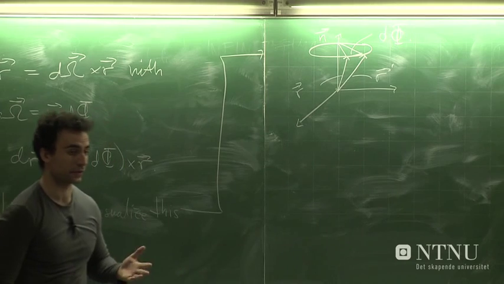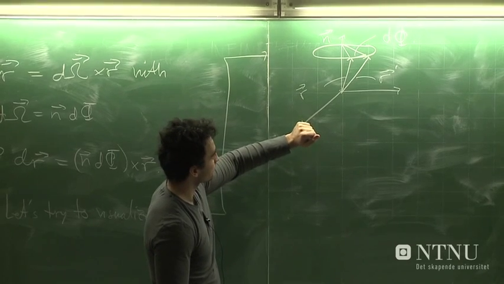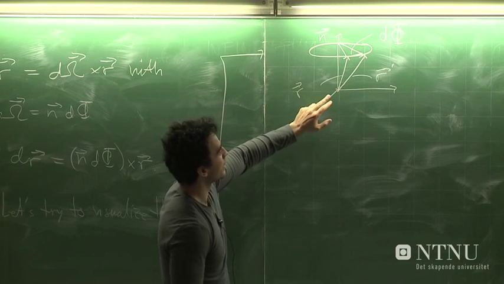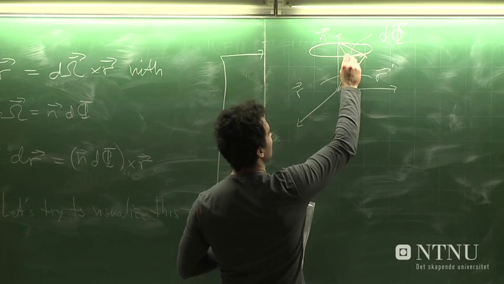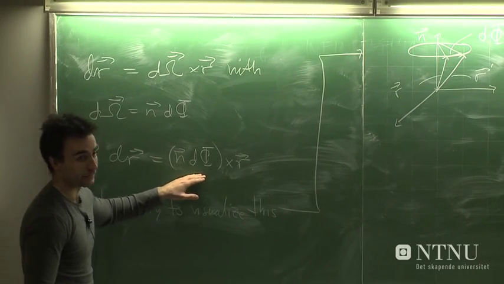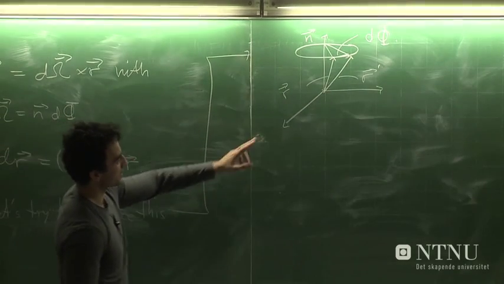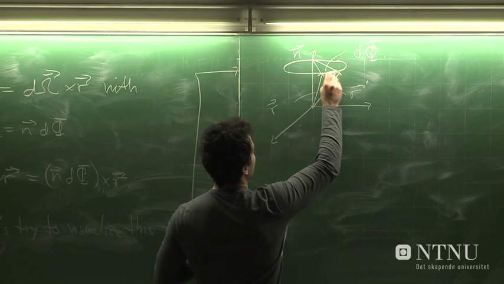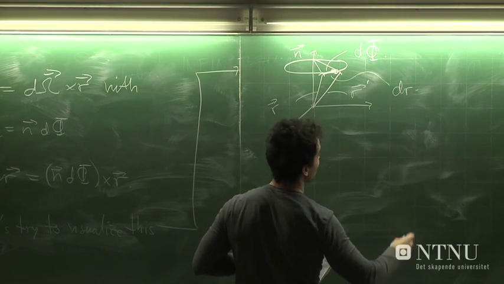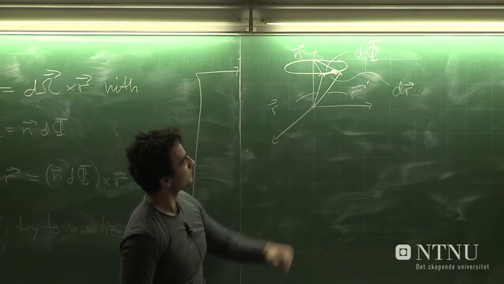And let's take, without loss of generality, the n unit vector to coincide with the z-axis. So we then see that if our original position vector r is located here, then n d phi, where phi is this angle here, crossed with this r, gives us this dr vector.